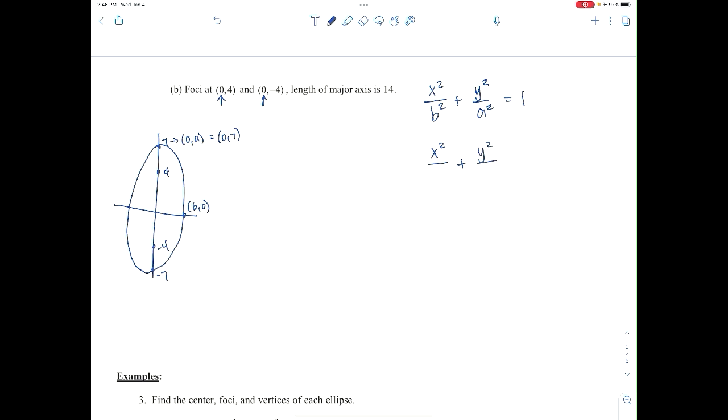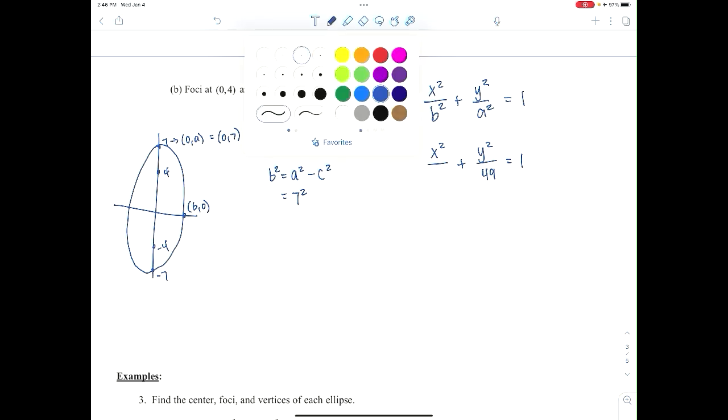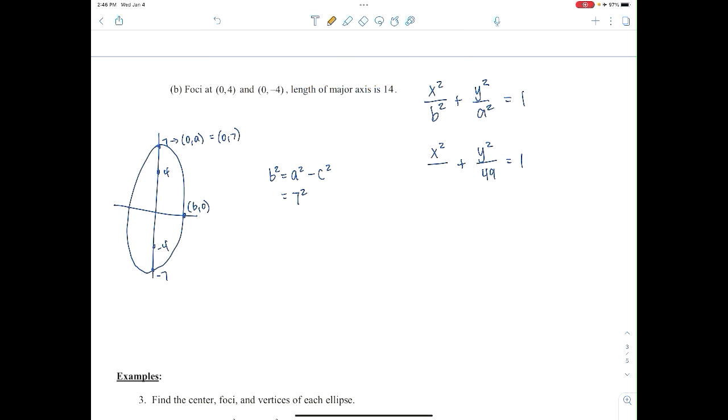Y squared over a squared, our a is 7. 7 squared is 49. We need b squared, so let's use b squared equals a squared minus c squared. This gives us 7 squared, and c is given to us right here in the focus.